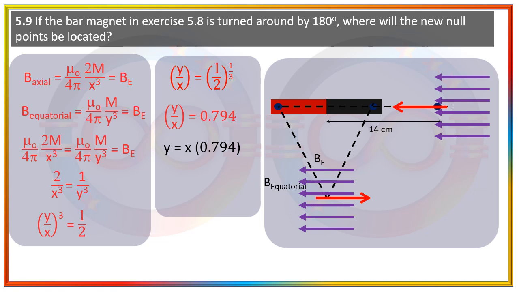So y is equal to x into 0.794, where x is 14 centimeter. If we put this value, we get the final answer as 11.1 centimeter. So at a distance of 11.1 centimeter from the center on the equatorial line or perpendicular bisector, there will be another null point for the new case.